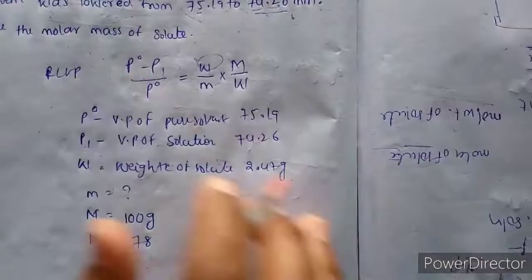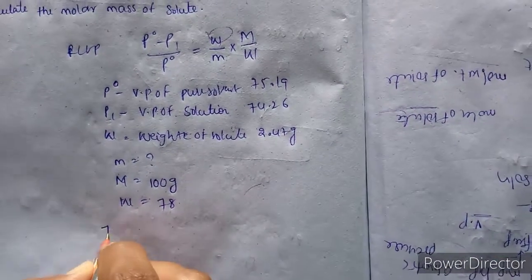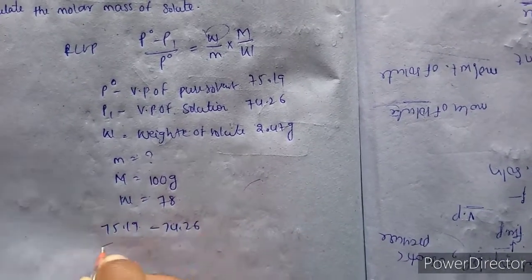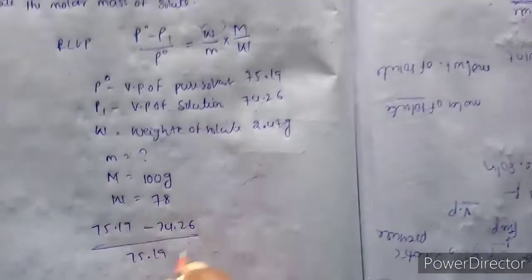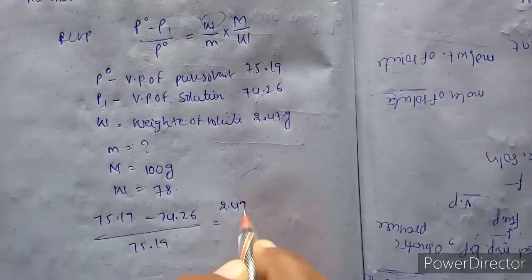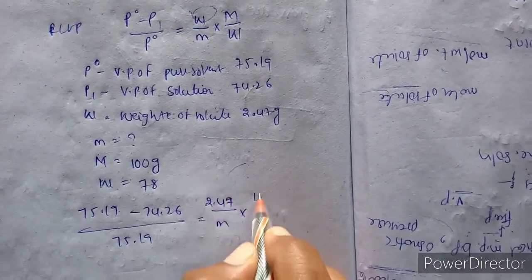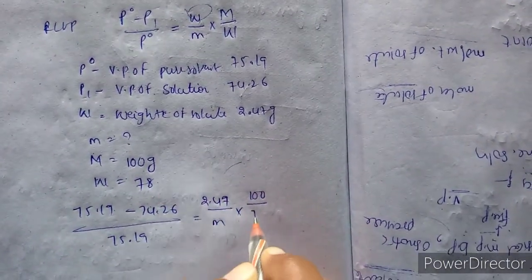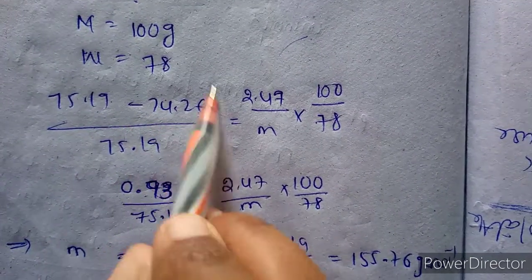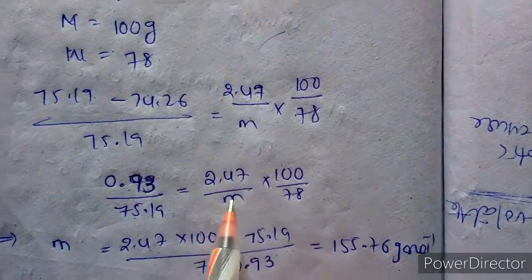Now substitute all these values in the equation. P0 minus P1 by P0 is 75.19 minus 74.26 by 75.19, equal to small w, 2.47, by m, times capital M, 78, by capital W, 100. The difference 75.19 minus 74.26 is 0.93, so 0.93 by 75.19 equals this value.